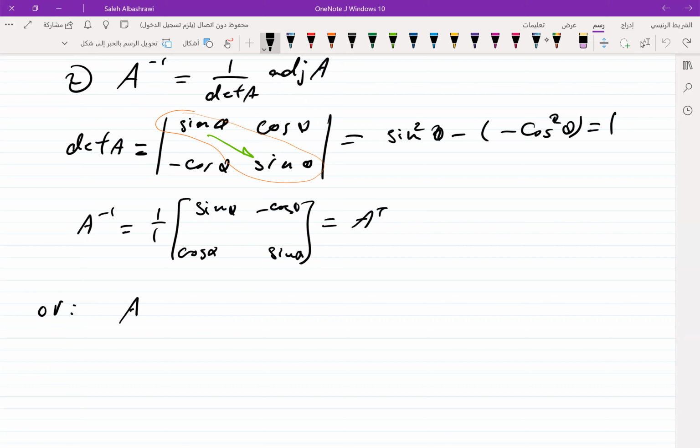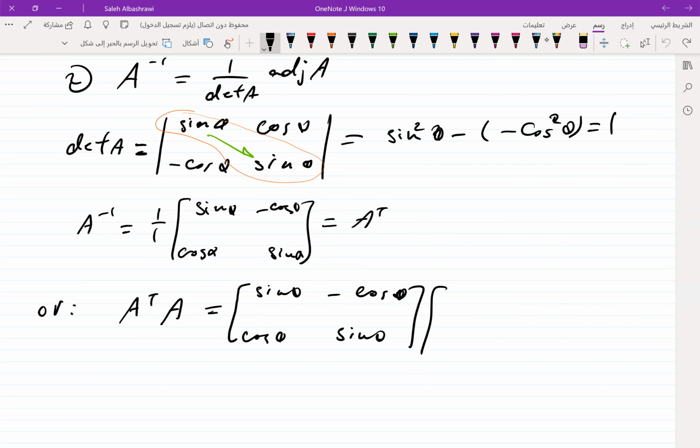Or let's just find A transpose multiplied by A. That is sine theta, minus cosine theta, cosine theta, sine theta, the transpose, multiplied by A, which is sine theta, cosine theta, minus cosine theta, sine theta.